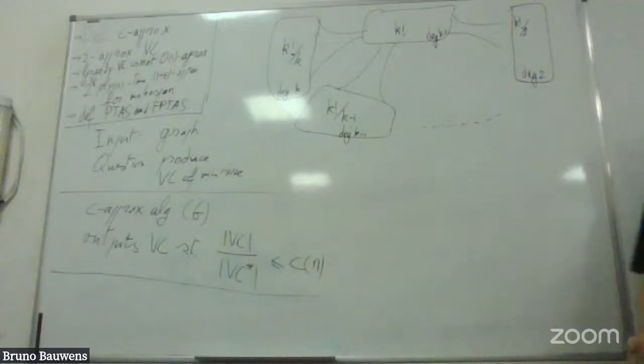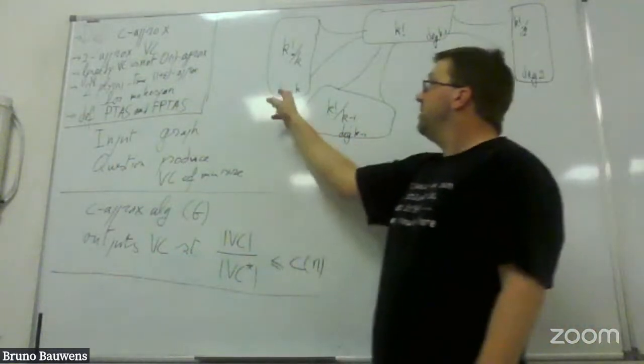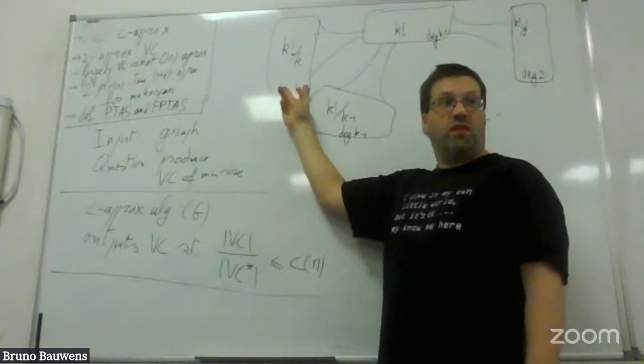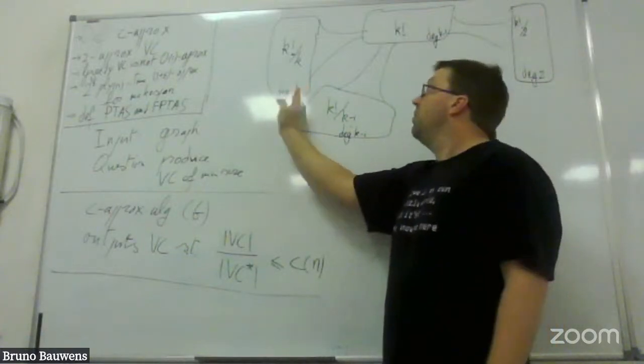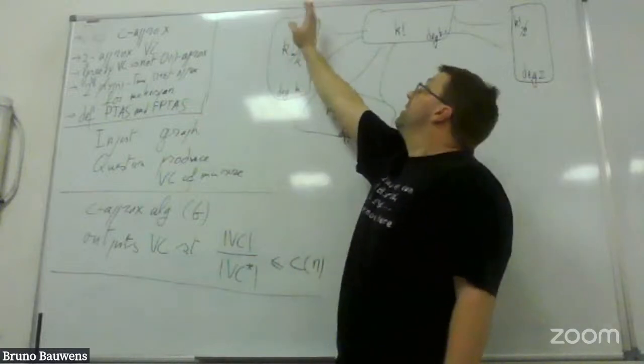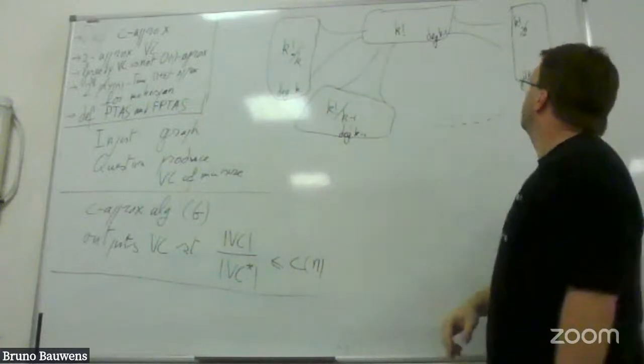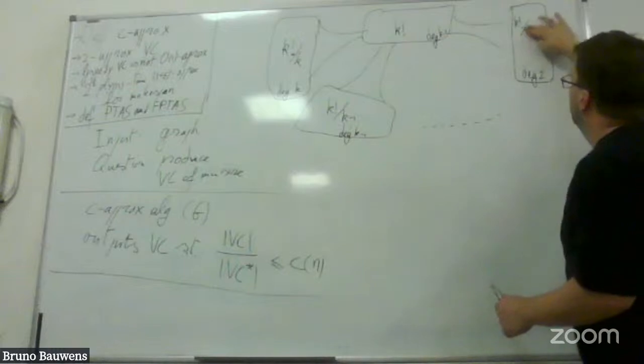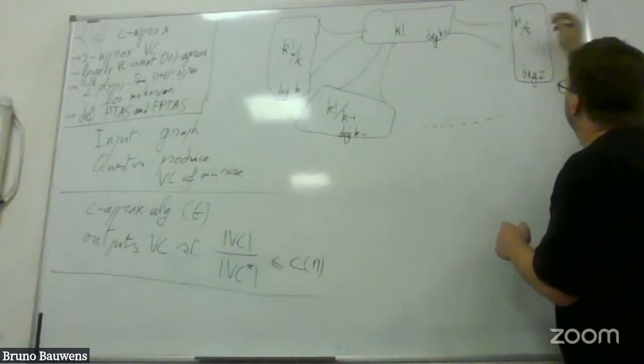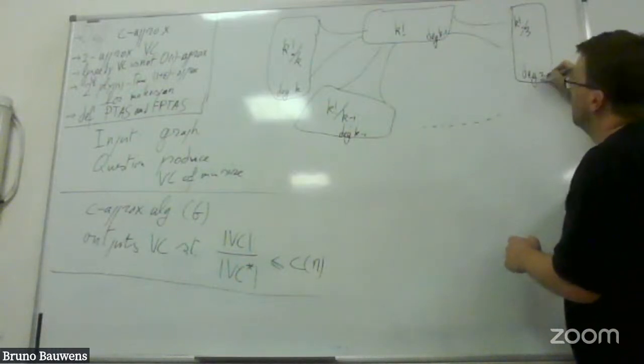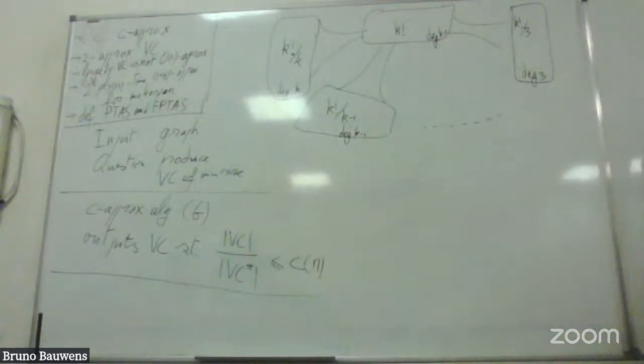Okay, what will the greedy algorithm do? Here the nodes have degree k, so they are selected first. So all these nodes will be selected. Oh, I should use k over 3, so we have k minus 2 groups.